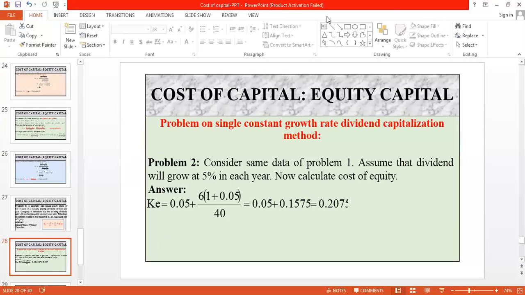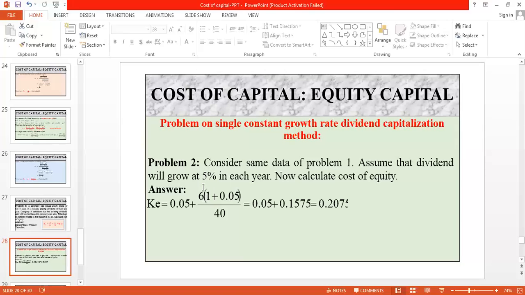So let us see how the calculation will be made. Since the dividend is growing at a constant rate g, this g value will be 5%. Actually, we will not use 5%; we will convert it into a decimal figure. So 5% becomes 0.05, and our growth rate g is 0.05.